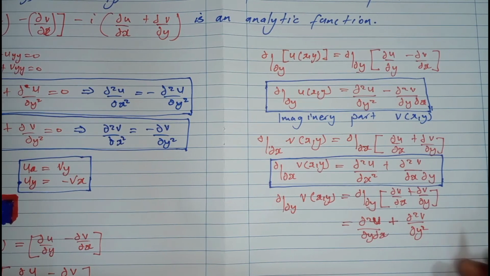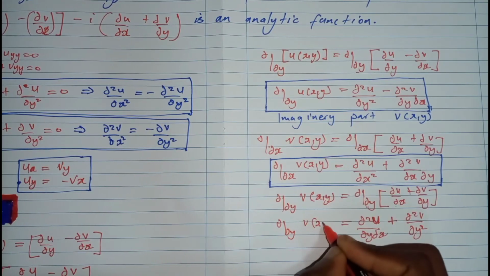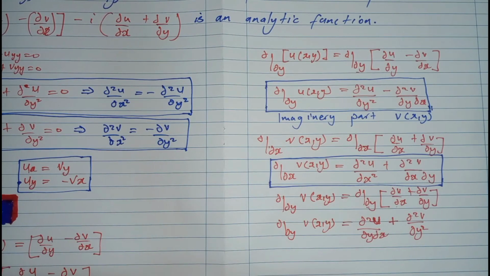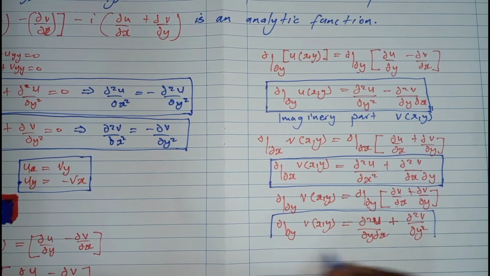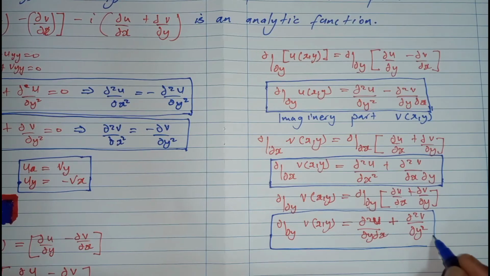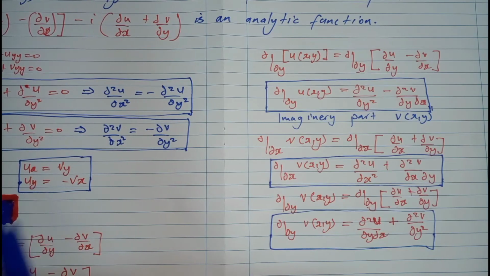That is going to give us partial y squared, and that is partial y of v(x, y). Okay, so let me put it in a block. Okay, so now we have our ux and uy, and we have our vy, and we also have our vx.